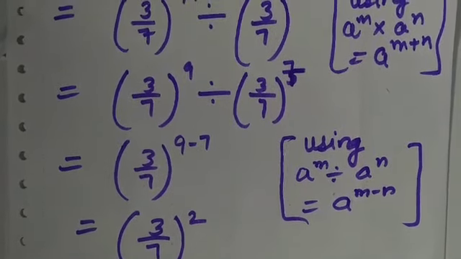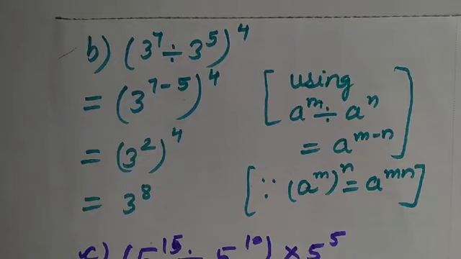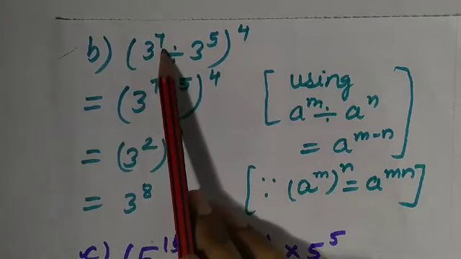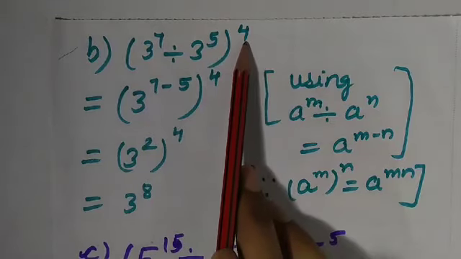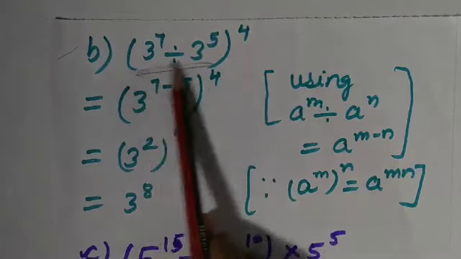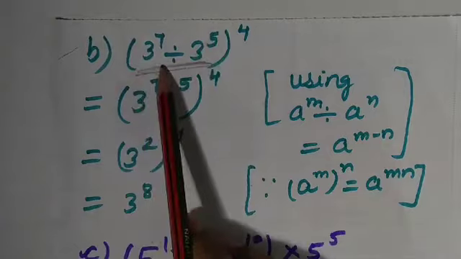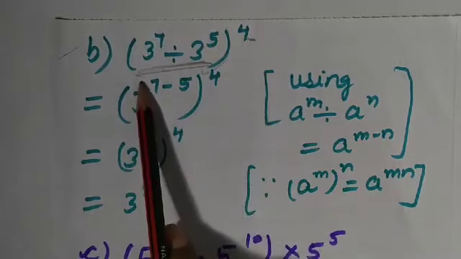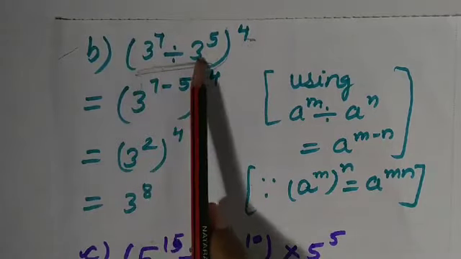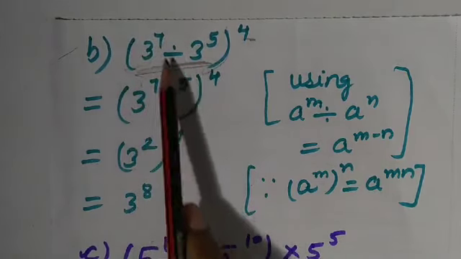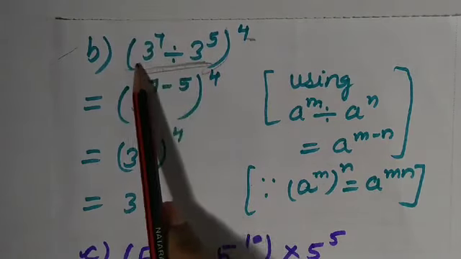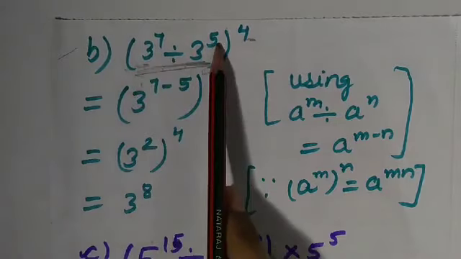Now let us discuss B part. B part is (3 raised to the power 7 divided by 3 raised to the power 5) whole raised to the power 4. First I will solve this expression, as this is in the bracket and the whole has a power. Here we have two exponential numbers having same base and a division sign, so the powers get subtracted.